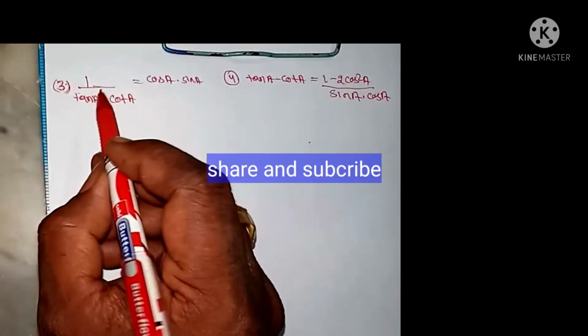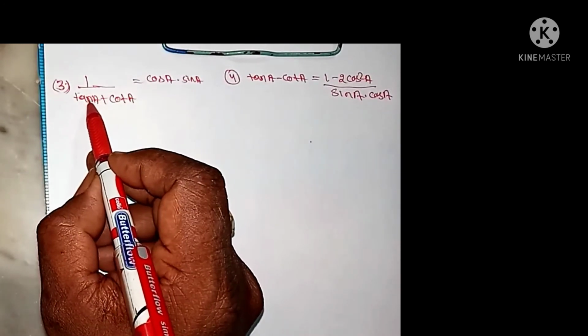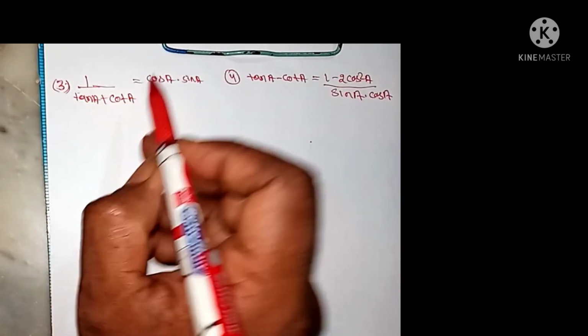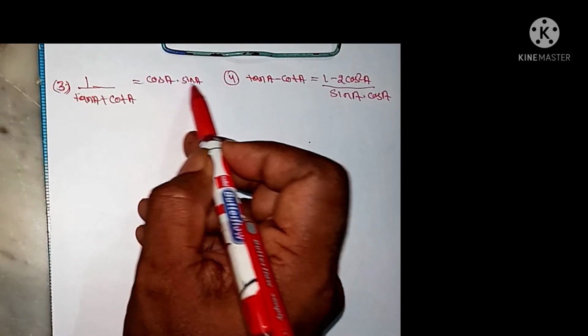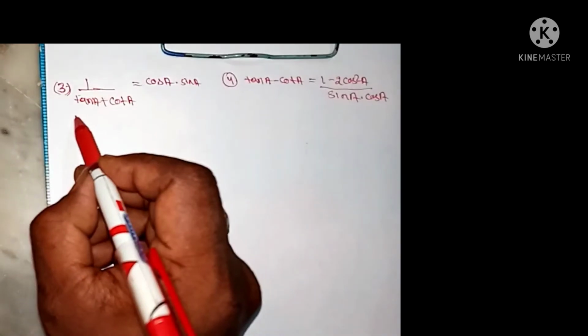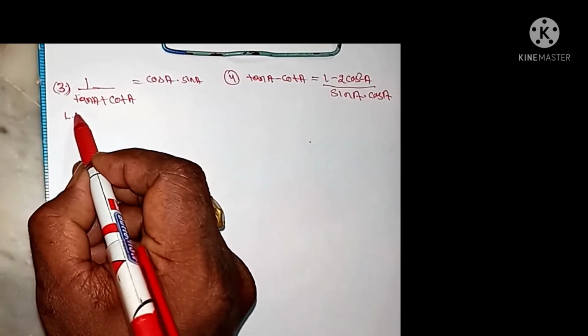Number 3. 1 by tan A plus cot A equal to cos A into sin A. Start from LHS.